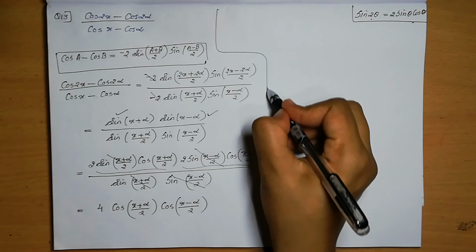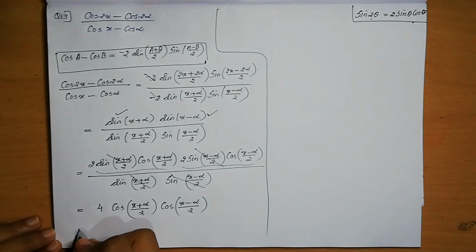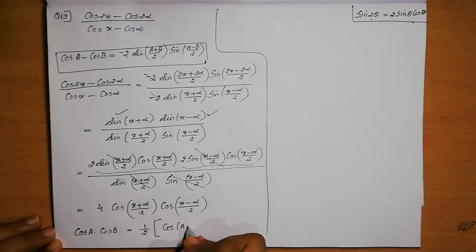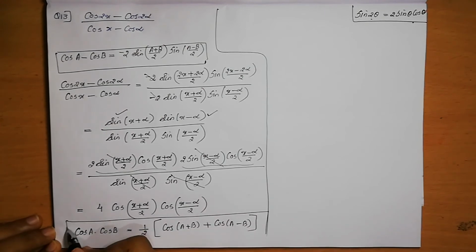Correct. So here we are applying cos A cos B equals 1 by 2 into cos of A plus B plus cos of A minus B. This identity we can apply over here.